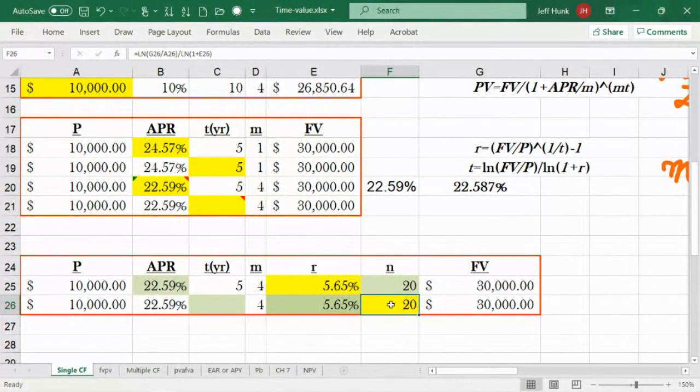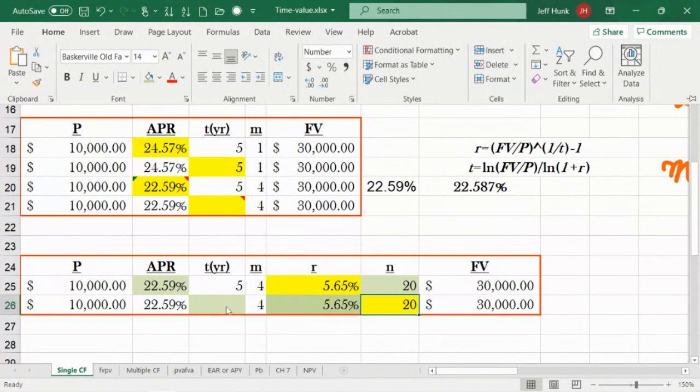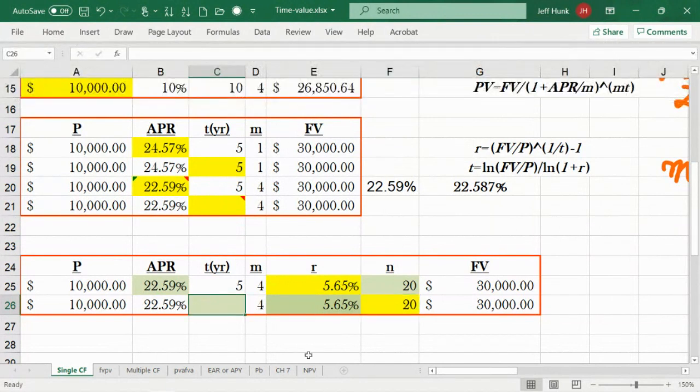It should be 20 quarters. Let me make sure. Yeah, it is 20 quarters still. And it should be 5 years too, because to convert 20 quarters to years, you divide by M. And 5 years.